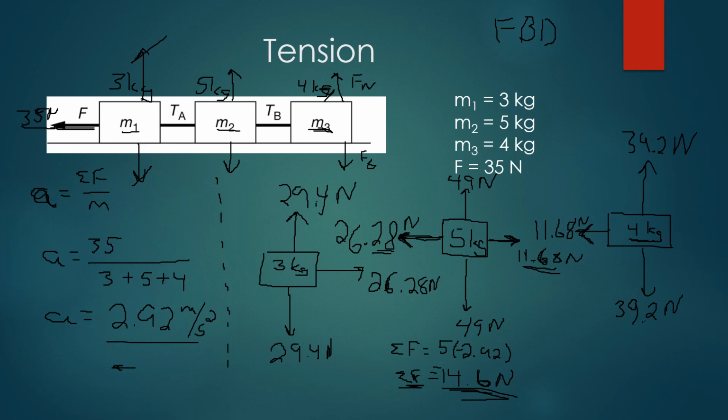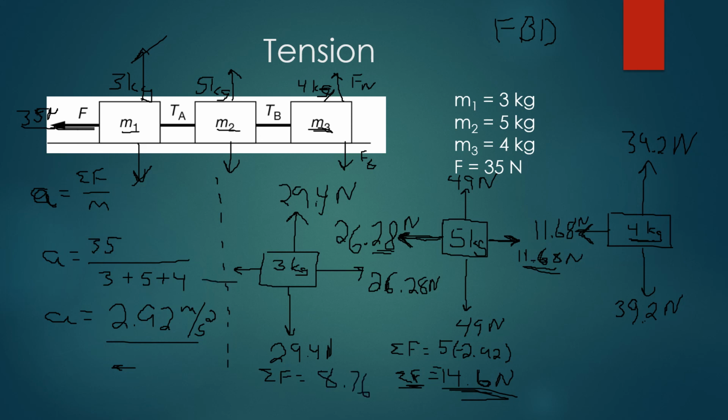And we're going to do the exact same situation. So we need to figure out what the net force on this box is. The net force, because we want to get what this is, is 3 times 2.92. I'm getting 8.76.